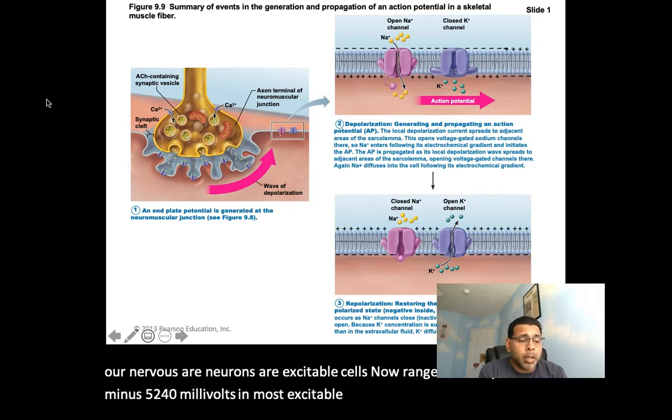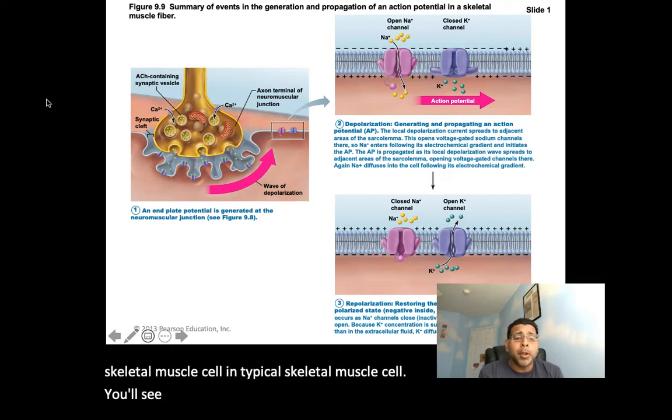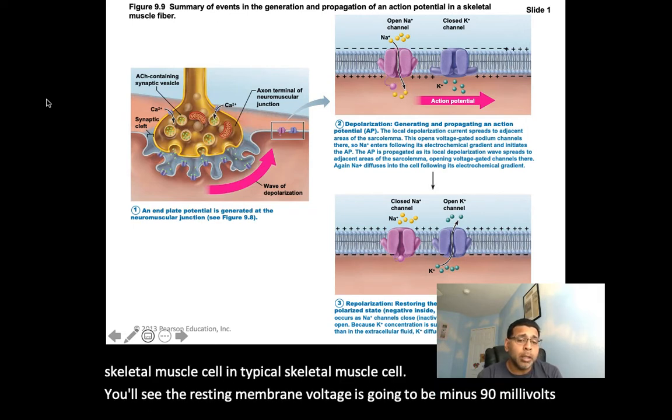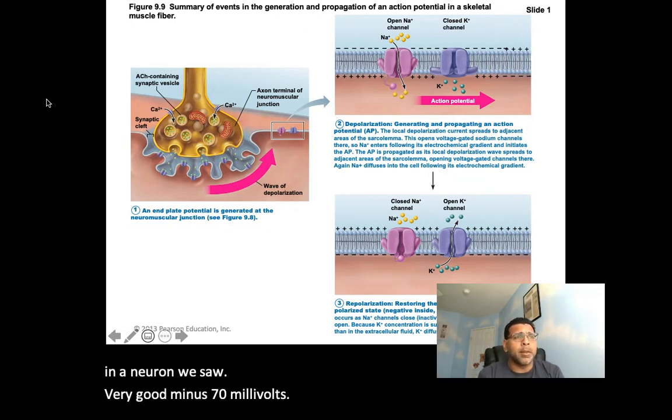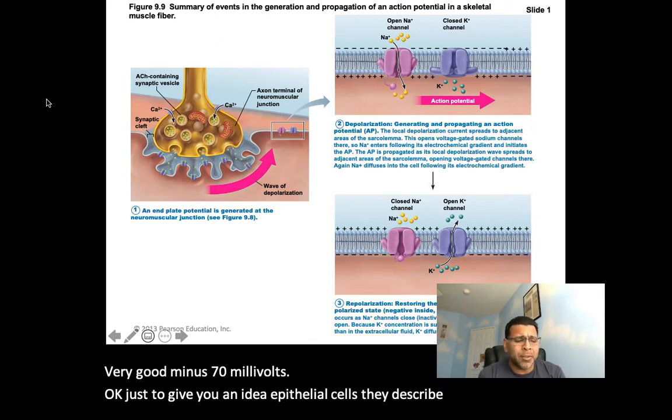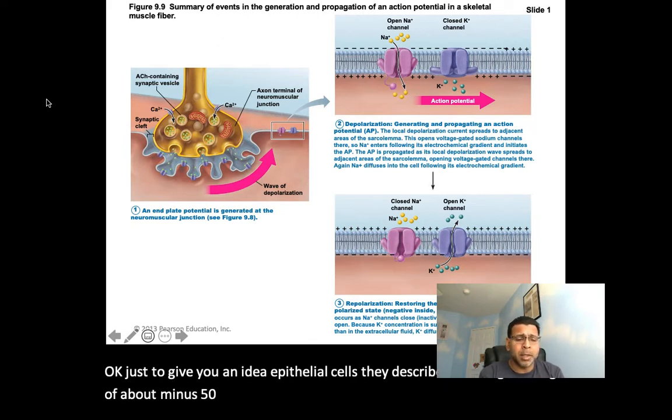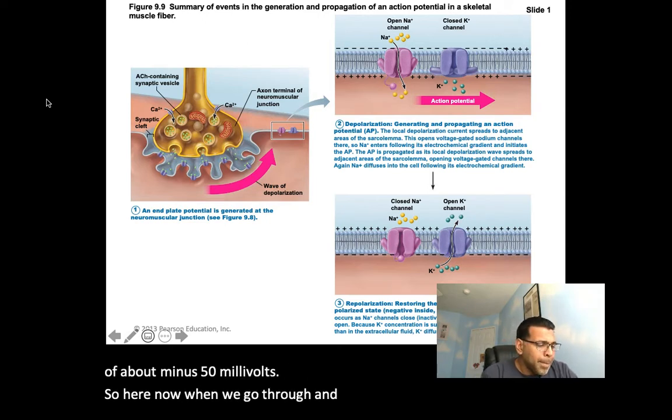Now, in a typical skeletal muscle cell, the resting membrane voltage is going to be minus 90 millivolts. In a neuron we saw minus 70 millivolts. Epithelial cells are described as having a voltage of about minus 50 millivolts.